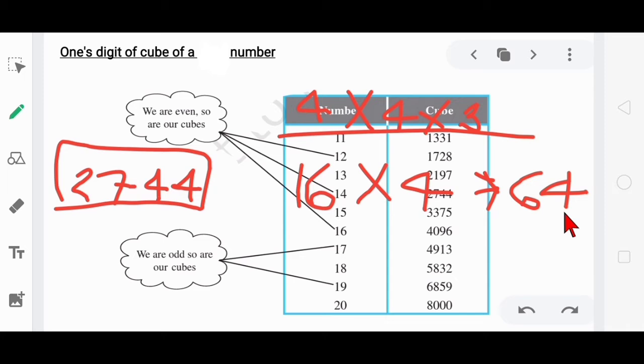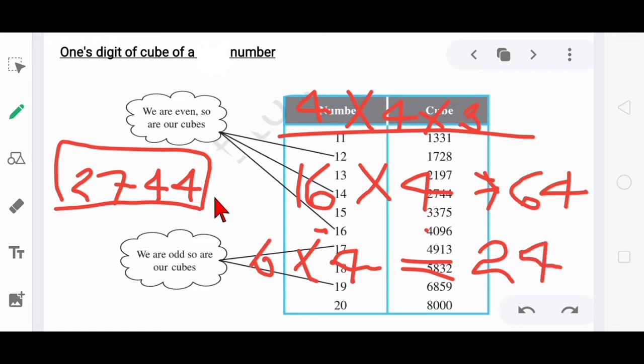Here you multiplied 16 and 4. We can do one more thing here. We can multiply only this 6 and this 4. Again you will get here 24, means in both the results you can see ones digit is same. So your result is what?